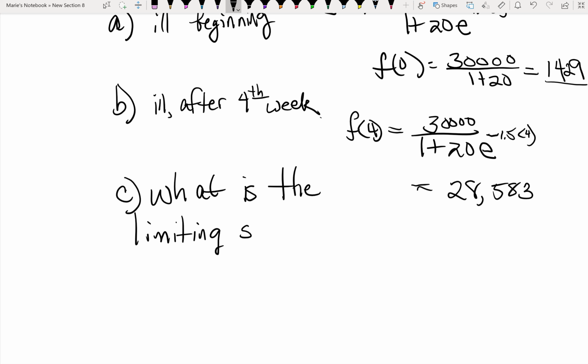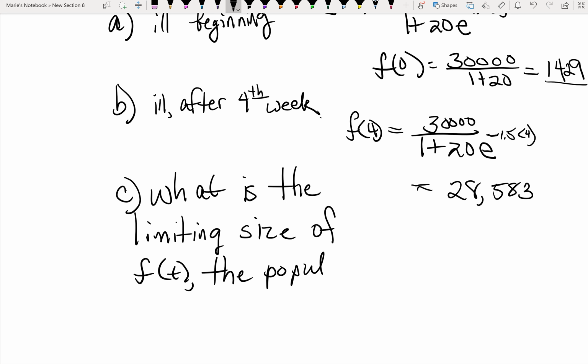What is the limiting size of f of t, meaning the population that becomes ill?